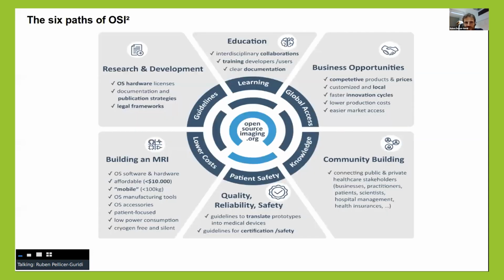And then there are, let's say, many paths that an open source MRI machine can be used for many applications. For example, education. If we can make more affordable systems, they can be used for training and for universities to show mathematics for image reconstruction, biology for sample analysis, medical imaging, engineering, radio frequency, digital control, a lot of opportunities.